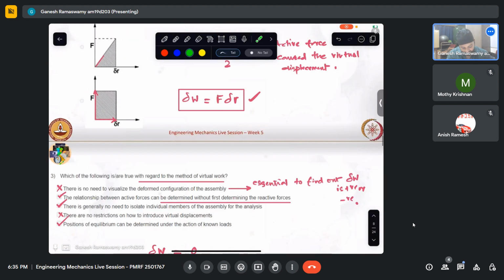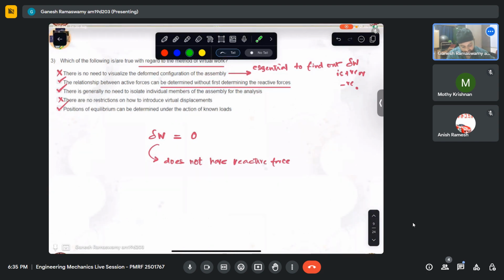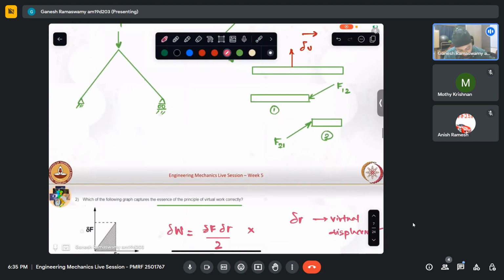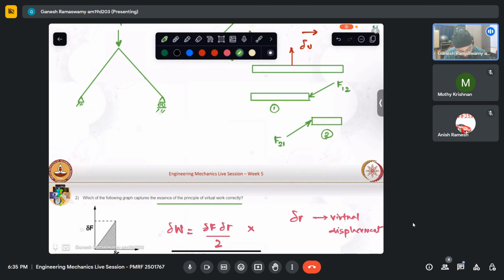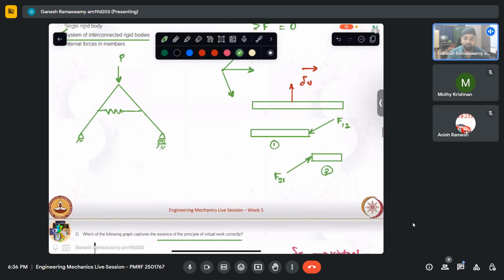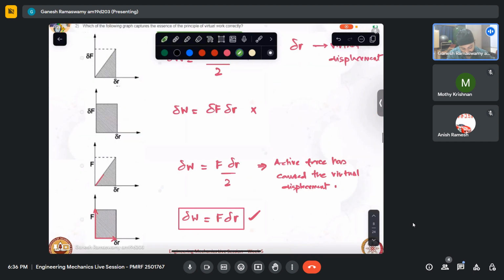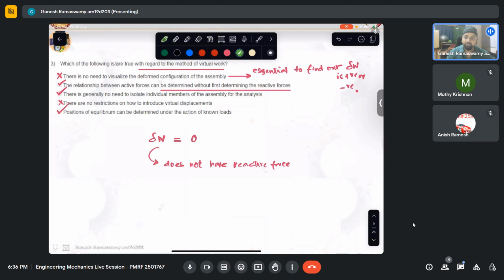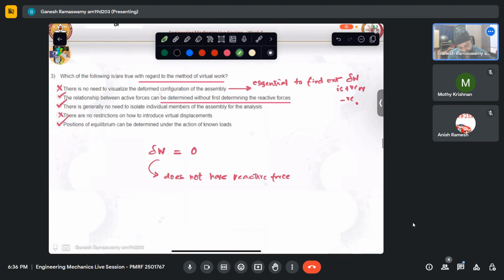So yes, actually speaking, there should be a constraint here, because we can see that this offers only vertical restraint. So what I had drawn initially, that spring, is much required to keep that in equilibrium at some configuration. So how to find out what this theta is when it attains equilibrium is the kind of question we can solve with this virtual work. So positions of equilibrium can be determined under the action of the loads. So I hope that this is clear.